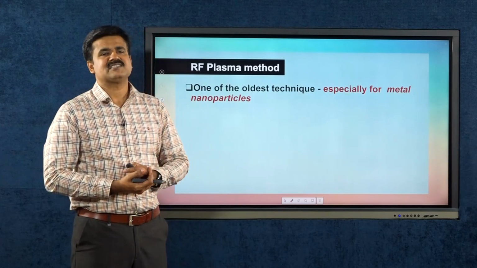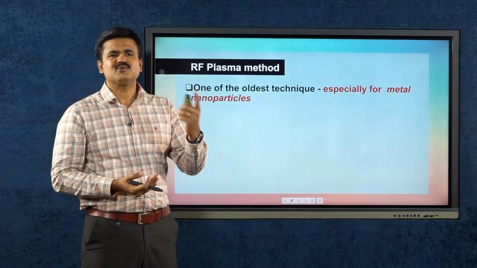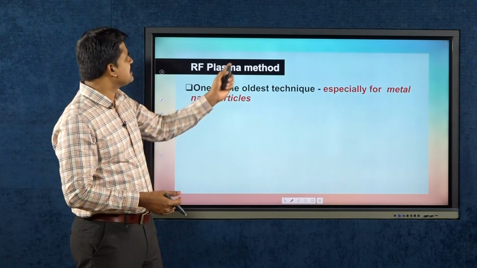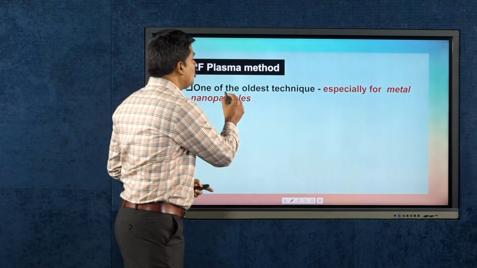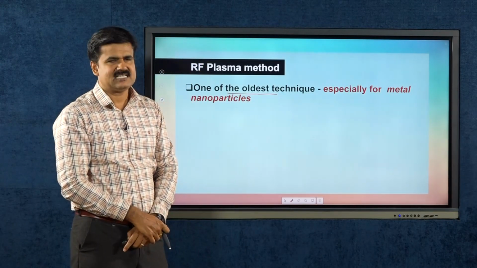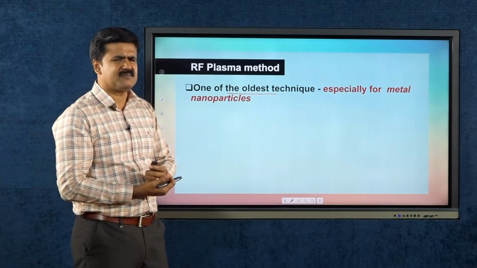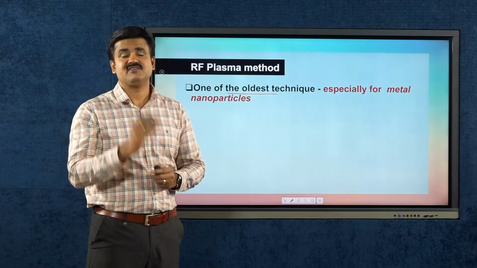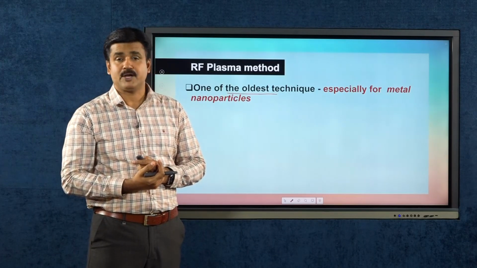In RF plasma method, we are using radio frequency radiations. Moreover, this RF plasma method is the oldest technique for the preparation of nanomaterials. And this RF plasma method is highly useful, especially for the preparation of metal nanoparticles.